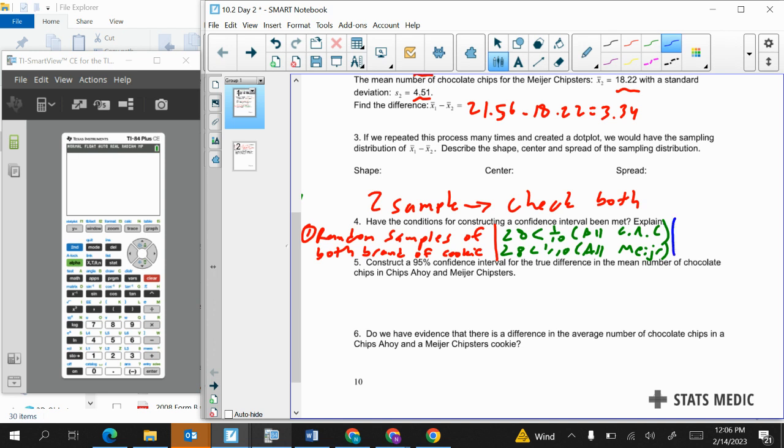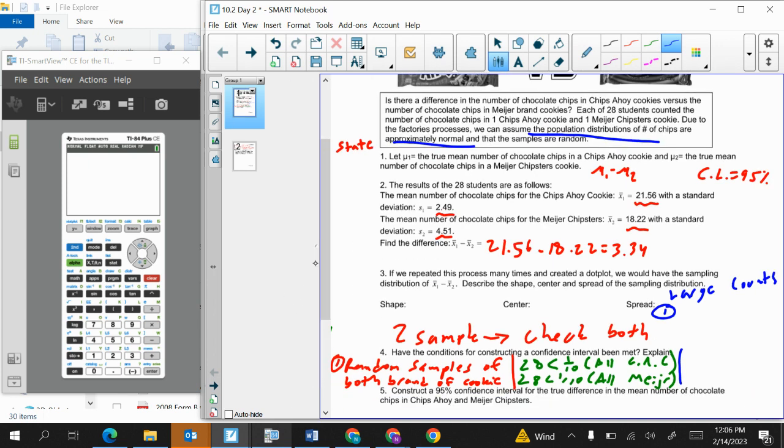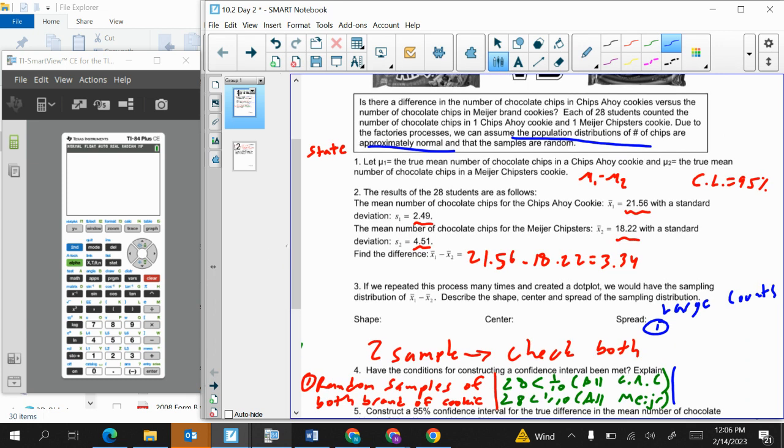And then lastly, the large count. Remember, there's a hierarchy we go through. The first thing we have to check is, are the populations approximately normal? And they are. So we're done. We don't even have to check the large counts or anything like that. We are satisfied.